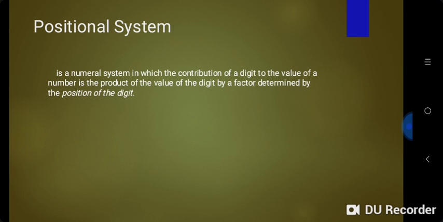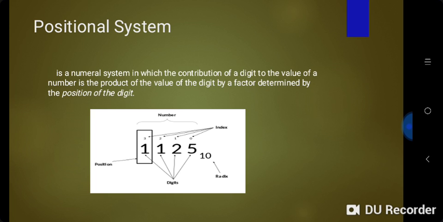So I have here an illustration to understand the definition of the positional system. From the number 1125, as you can see, we have positions. From the right, 5, 2, 1, going to the left. For the third position is 1. Then the digits are 1, 1, 2, and 5.